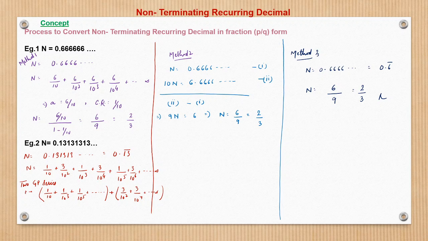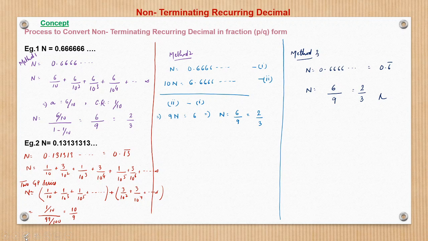That will be nothing but the summation of the two GP series. So this will be 1 by 10 upon 1 minus the common ratio 1 by 10 square, that is 99 by 100. So this becomes 10 by 99, the first term.